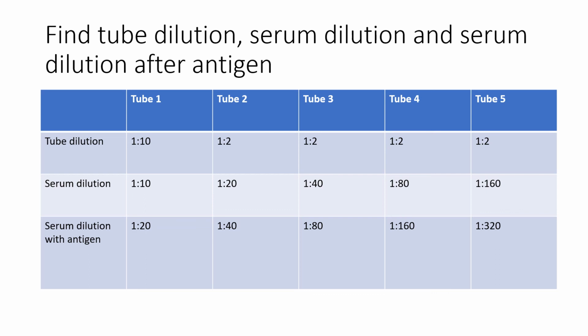Tube 3 is 1-to-80. Tube 4 is 1-to-160, and tube 5 is 1-to-320. But like I said, the best thing you can do is actually draw this out so you can see what volumes of saline or diluent were in the tubes to start with, what volume of serum went into that first tube, and how much of the previous tube is transferred to all additional tubes in the series. So draw that out and you should be able to figure this out.